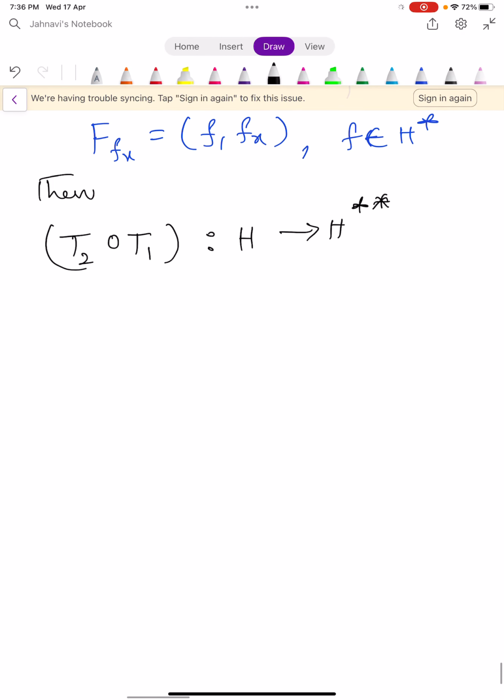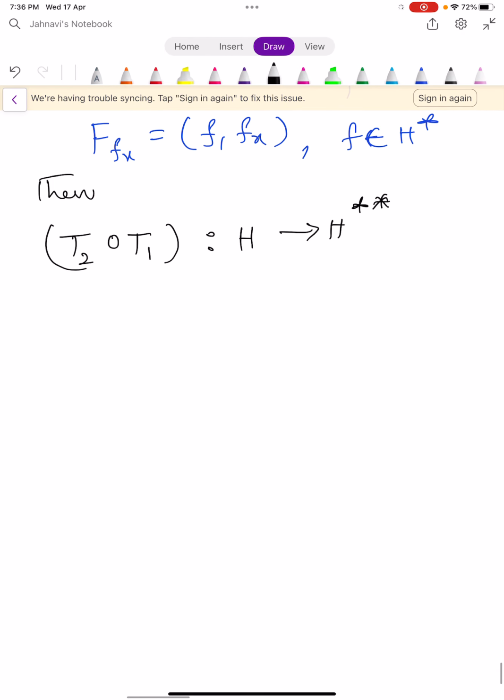Again here we use a previous theorem, proved in video number 46, I think. I write the complete statement of the previous theorem.